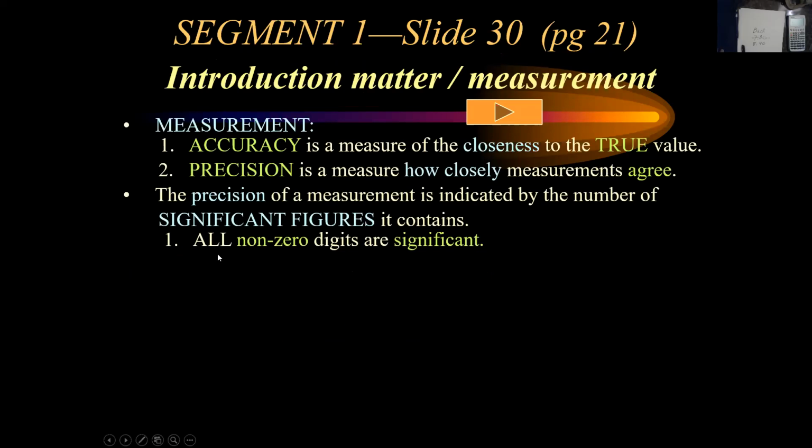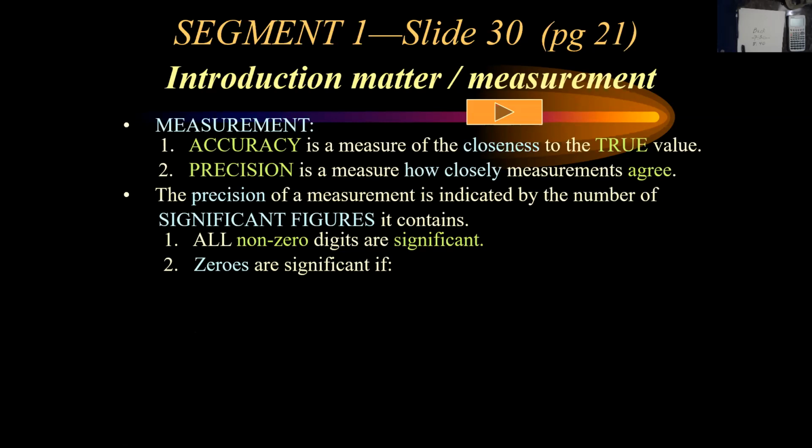What is a significant figure? Well, all non-zero digits, if it's not a zero, it is a significant digit. So if you've got a 3 or a 4 or an 8 or a 2 in some position in a number, that number is significant, and that is a significant figure. Now, what about zeros then? When are they significant and when are they not significant?